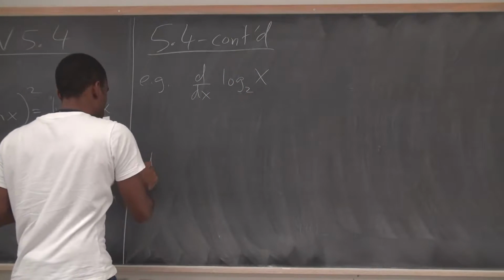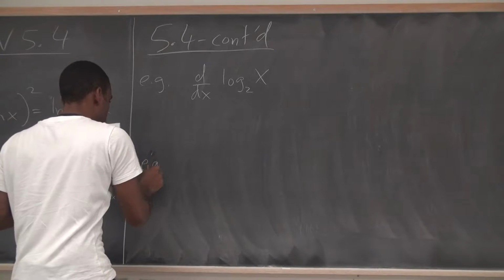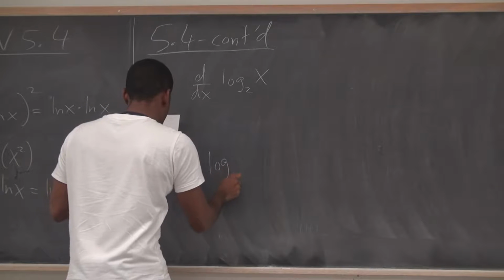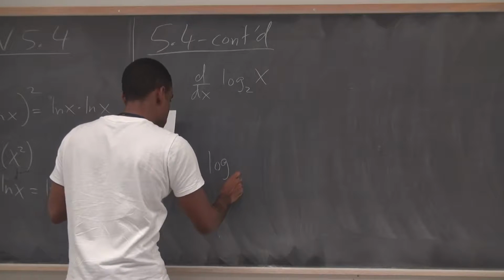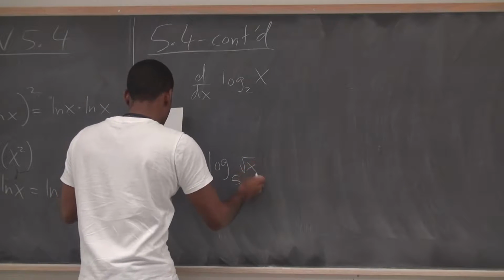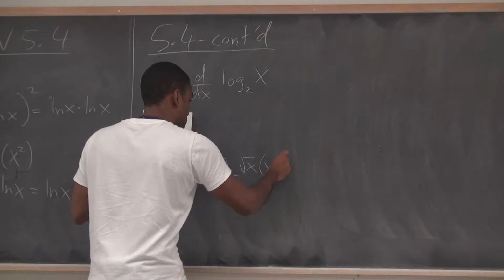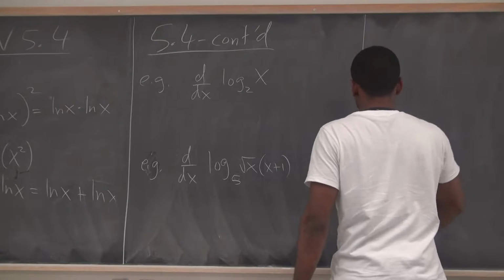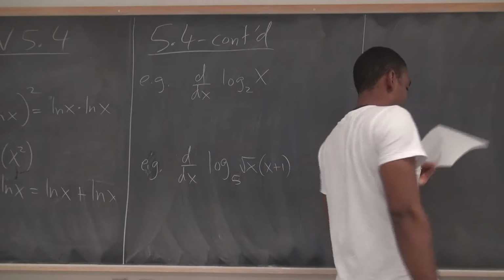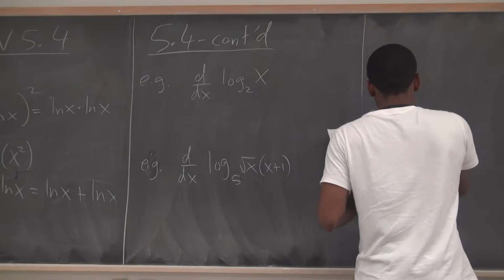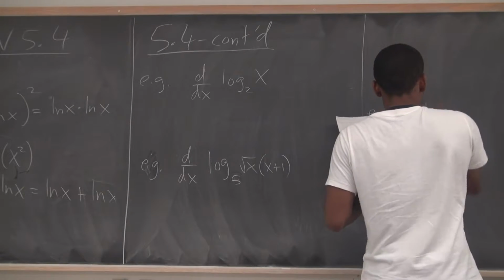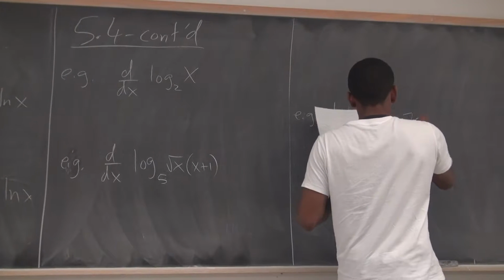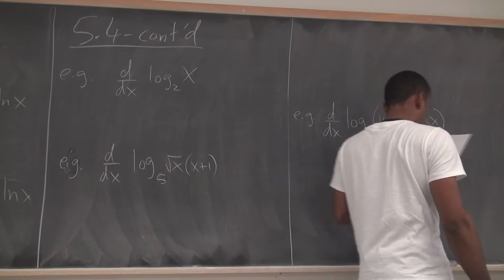I also asked you to find the derivative of log to the base 5 of radical x times x plus 1. I also asked you to find the derivative of log to the base 3 of 10 plus 7 cosine x.